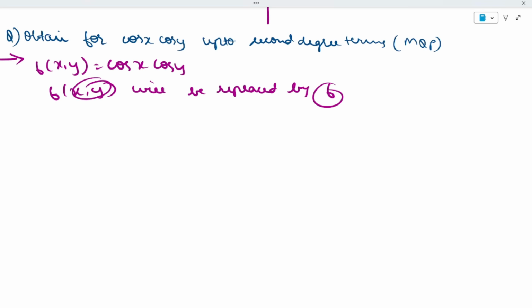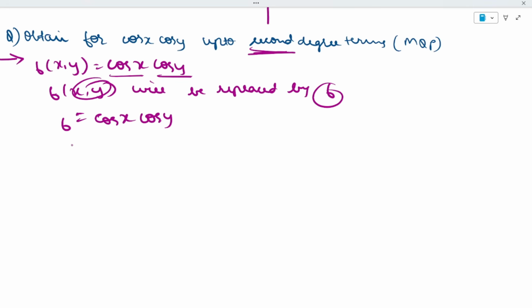Now the same way, what they have given is cos x cos y, and they have asked up to second degree. That means you have to see f. Now you replaced f of x comma y with f. Now what you will be writing? f equals cos x cos y.